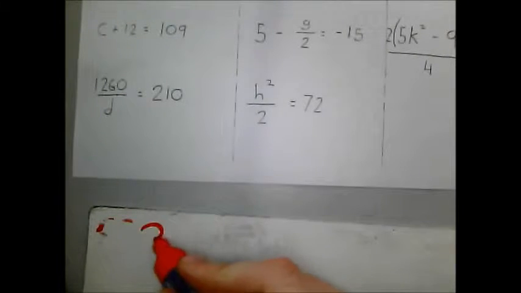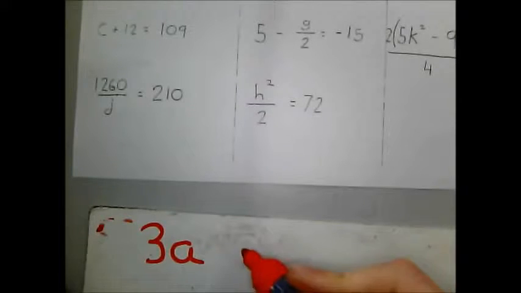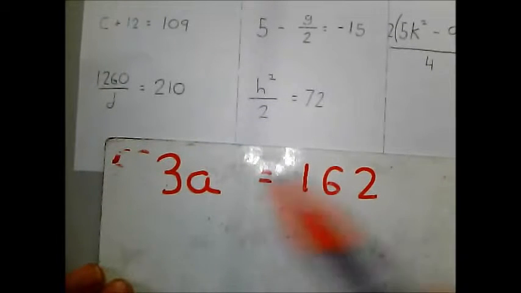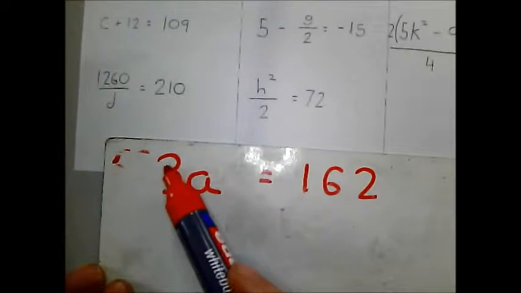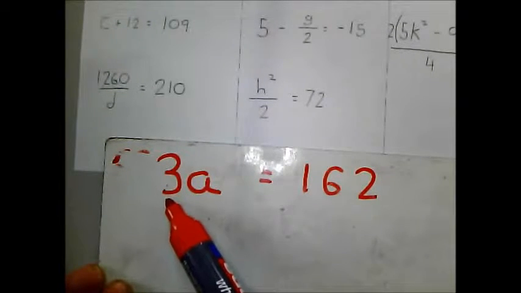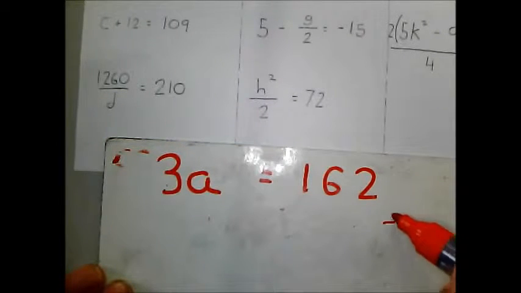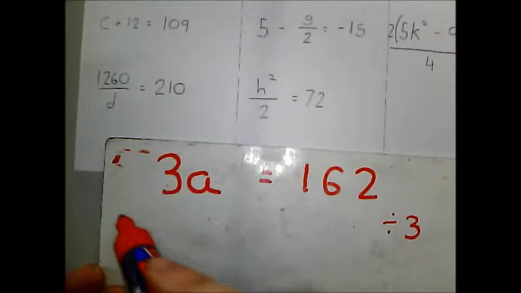Now, my question states it is 3a equals 162. Okay, so our a is being multiplied by 3. So this means to get a by itself, I need to cancel out this 3, which is dividing by 3.